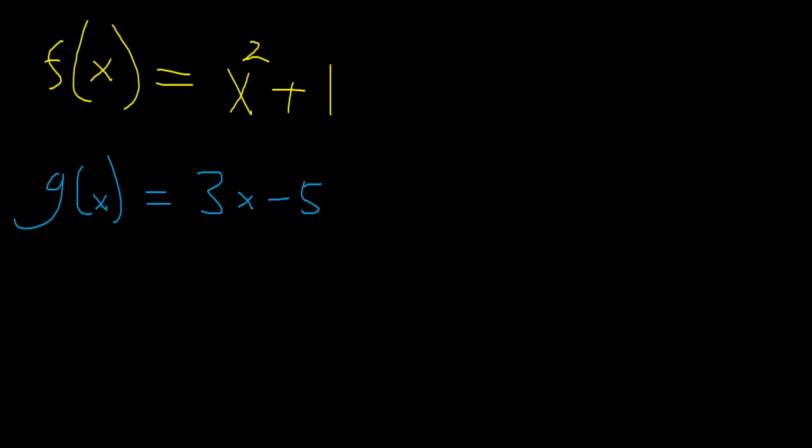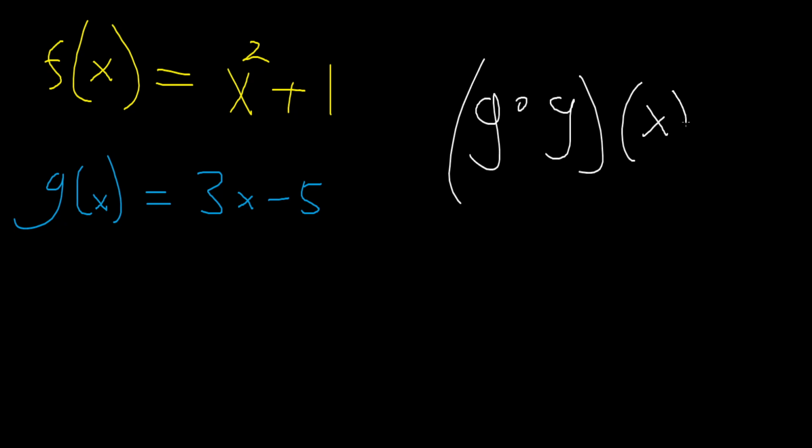Okay, so now we are going to do g of g of x. Just like before, we're going to be plugging this x into g first. So g of x is 3x minus 5.